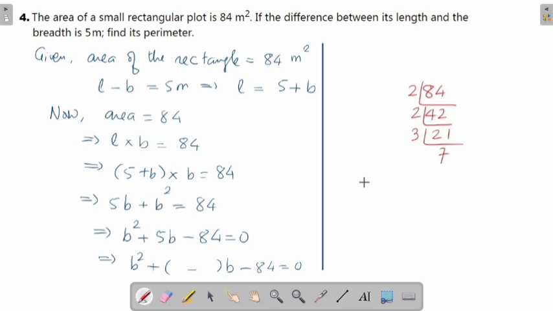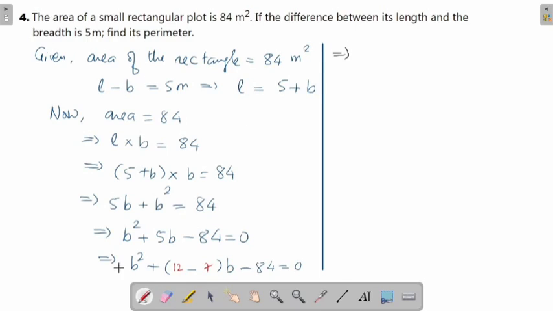Okay, so let's see the difference. What kind of difference can we make? So for 4, 2 2s are 4, 4 3s are 12. 12 minus 7 is how much? It's exactly 5, right? So that's why here I'll write 12 minus 7. Okay, so when we open the bracket, what do we get?